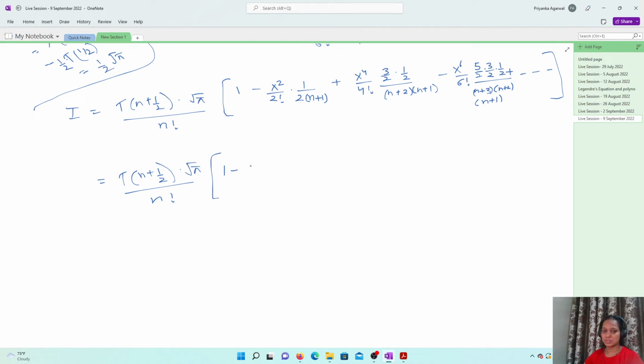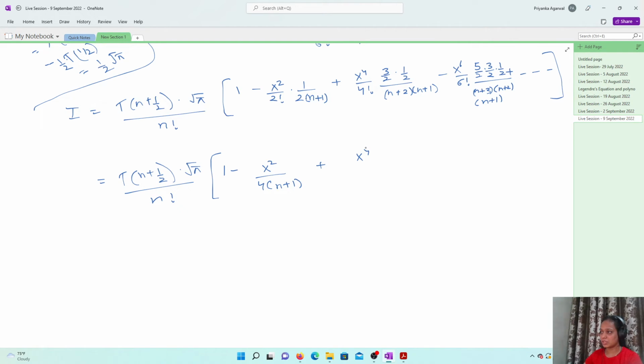So 1 minus this becomes x square over 4 into n plus 1. This becomes x to the power 4 and this is 3 over 2 square, which is again 4.